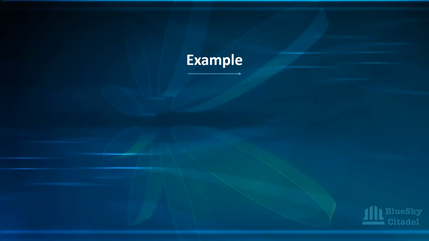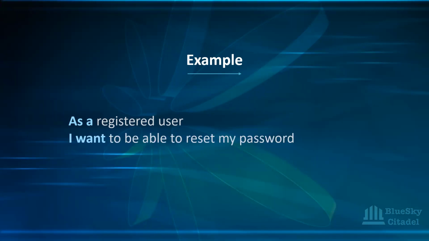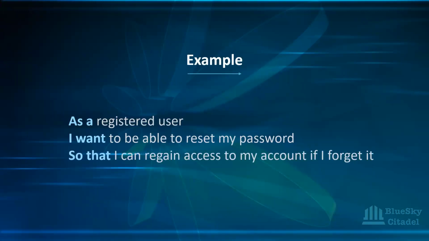Okay, so let's look at a quick example of a user story. So we said, as a role, so a registered user, not just a user, you have to be registered. This is a role, a registered user. As a registered user, I want to be able to reset my password. This is the goal. What's the benefit of this? So that I can regain access to my account if I forget it.